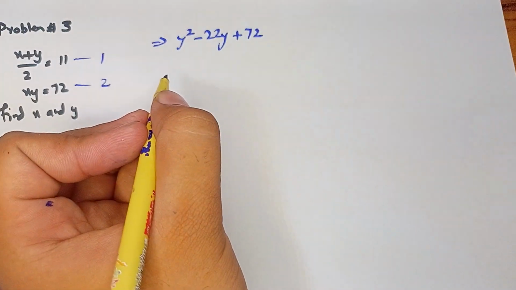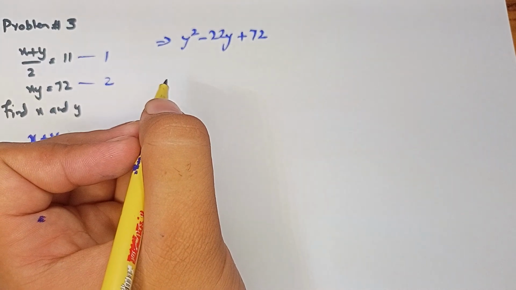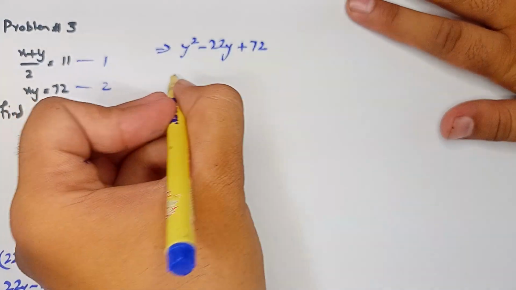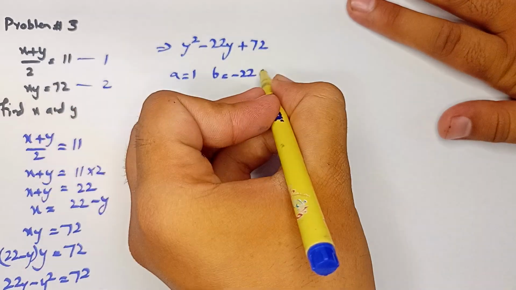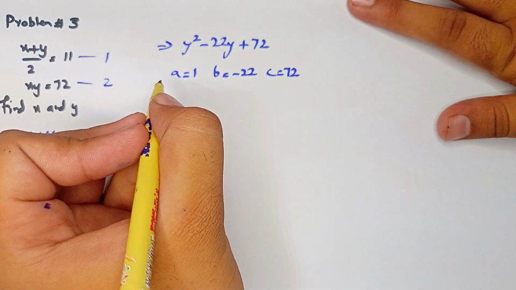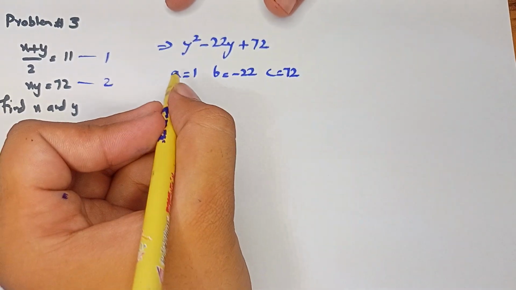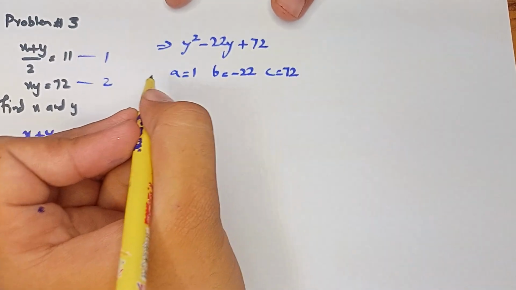So this is our final equation, and here we should find our a, b and c values for the quadratic formula. Our a is 1, b is minus 22, and c is 72. I directly put these three values in the quadratic formula.